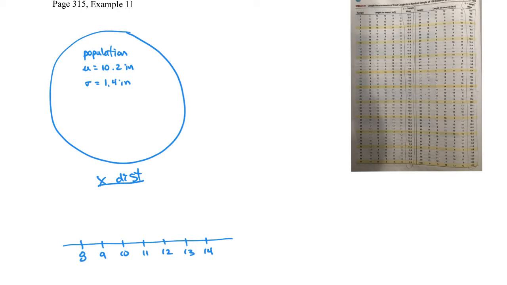And to get started, I'm just going to look at these values right here. So looking at this first sample, we've got 11, 10, 10, 12, 11. So I'm just going to put those down on the line here. So sample 1 has 11, 10, 10, 12, 11.